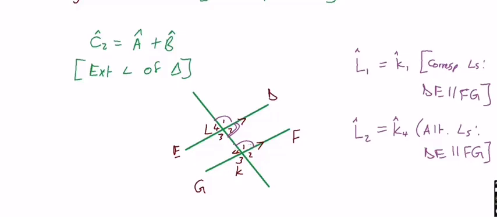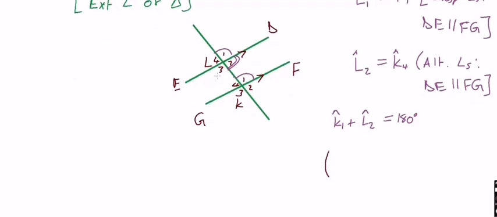K1 has just the one arc, and then K2 and L2 have two arcs. So what do I mean when I'm saying they are supplementary? K1 plus L2, they are not equal to each other, but instead their sum is equal to 180.